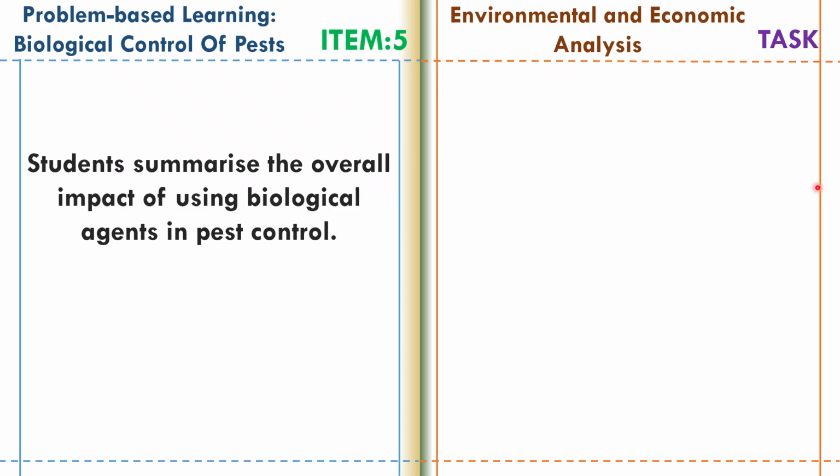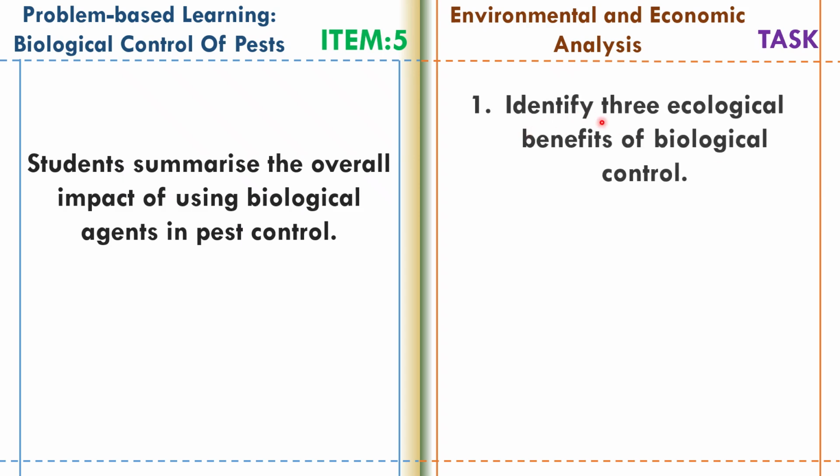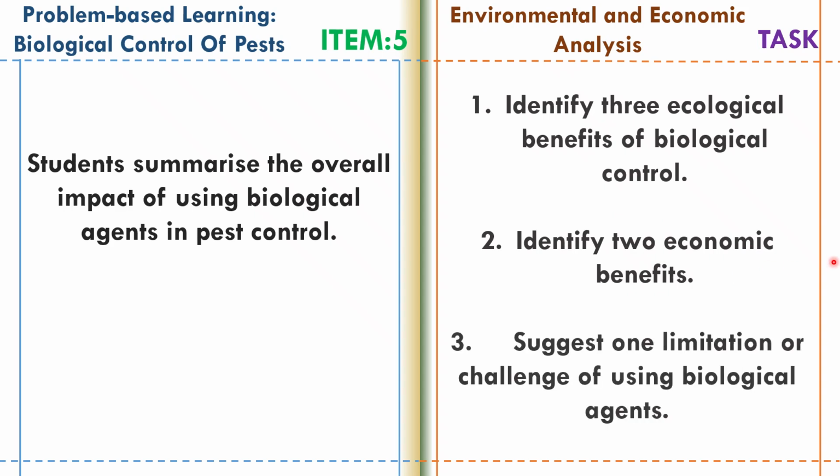Task: identify 3 ecological benefits of biological control. Identify 2 economic benefits. Suggest 1 limitation or challenge of using biological agents.